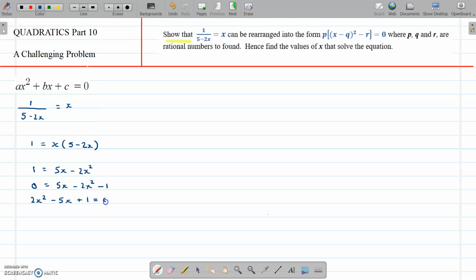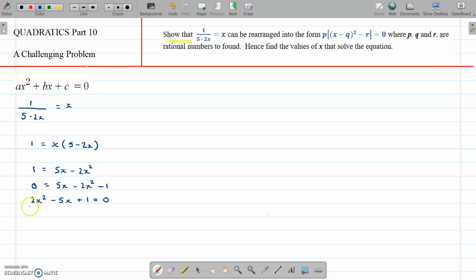Now it is looking like a quadratic because it's now in that form, but it also therefore means we can complete the square, and that's what this is looking like doing.